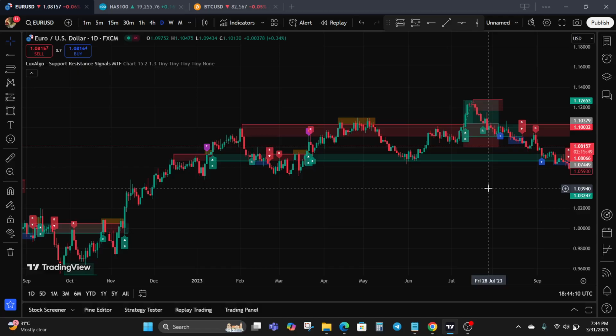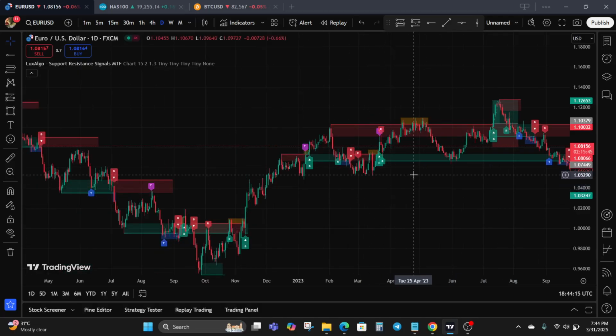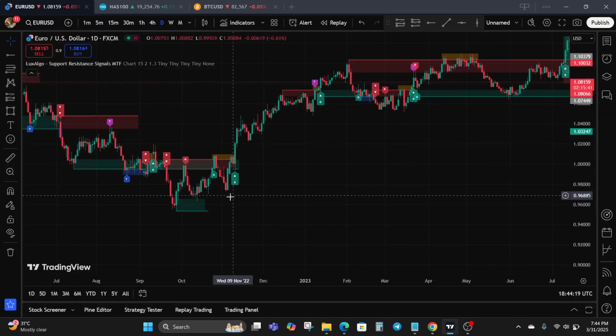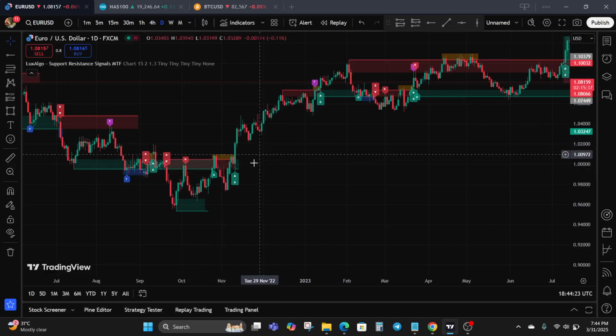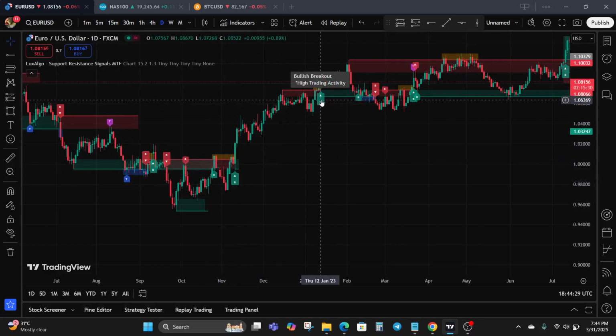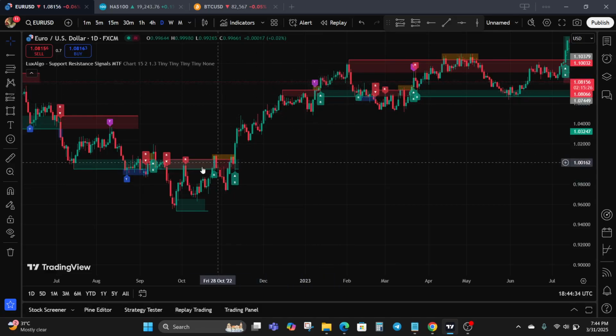Now, this indicator also helps you identify trend direction and price strength, because by the time the indicator is giving you multiple indications of breakouts in one direction, you're going to know that the trend is strong. For example, look here, we had a bullish breakout. You can see there was another bullish breakout here. It indicated high trading activity.